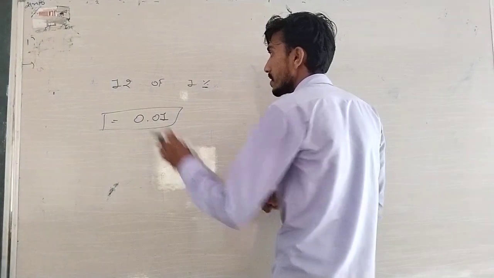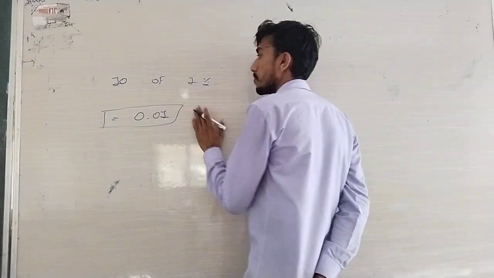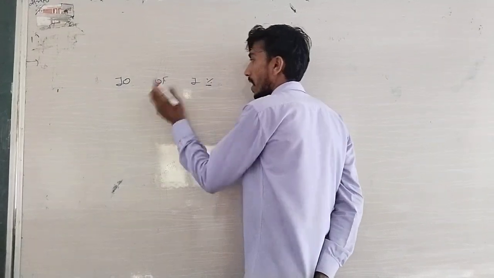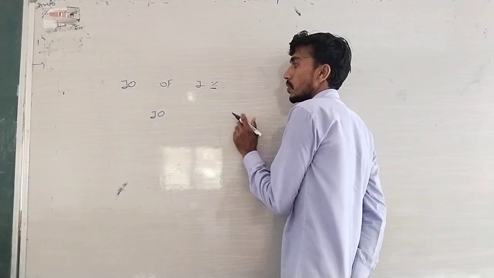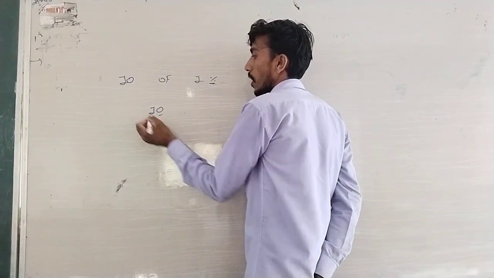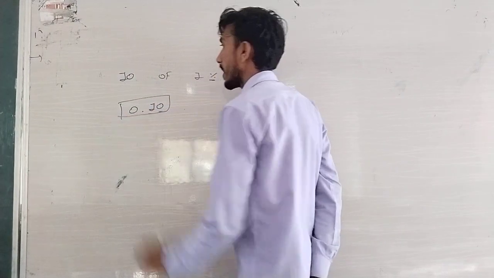If there is a 10, so 10 of 1%. So what is my answer? I write 10, percentage has two zeros. So I put the 0 and my answer is 0.10.